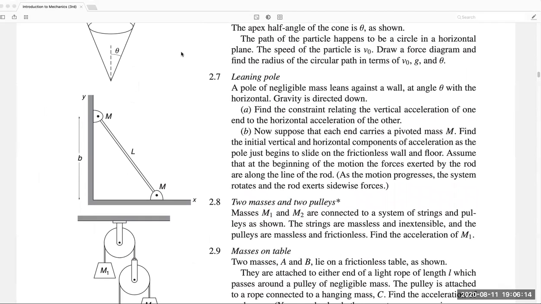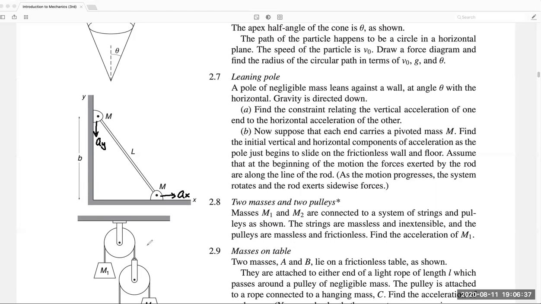2.7. So find the constraint relating the vertical acceleration with the horizontal. So I treat it as the acceleration along the rod is the same.